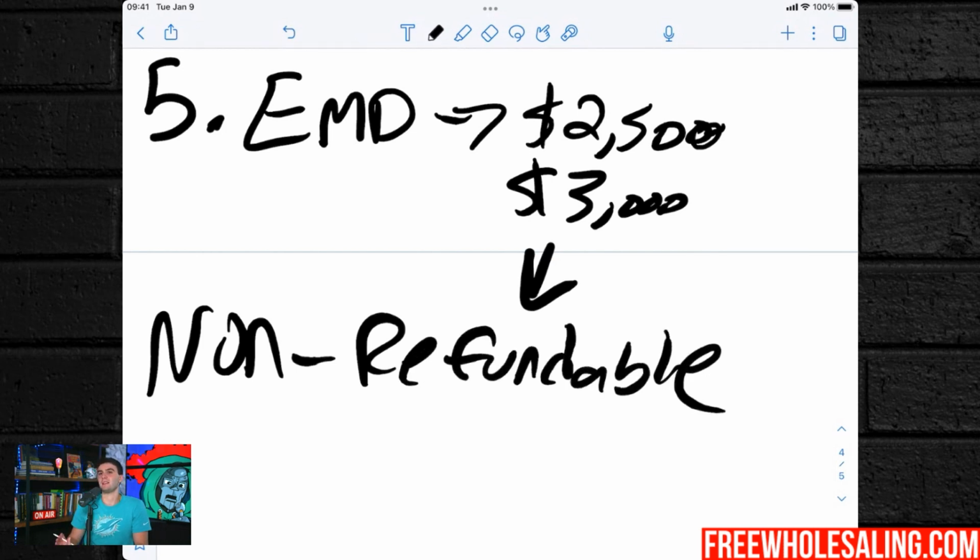Okay? That is a non-refundable deposit. Just so they understand. Once you get that deposit in, it is non-refundable. As long as they understand that, you're good to go. Okay? You're not here to play games. It's a non-refundable deposit. I think so many people get really stressed out over that.